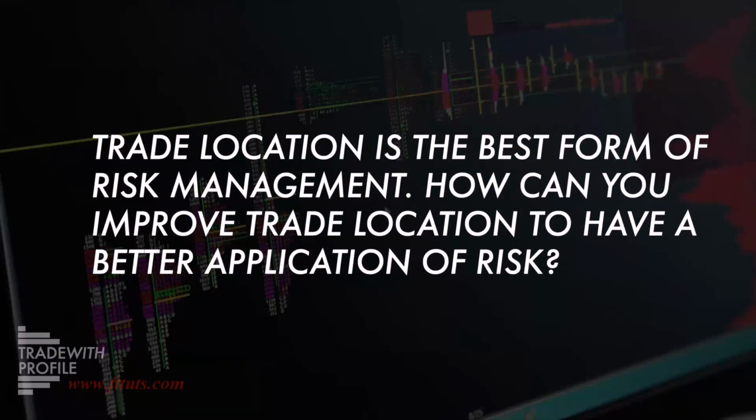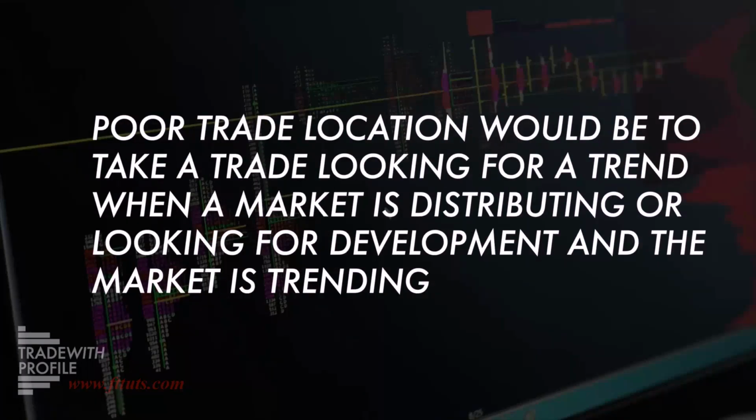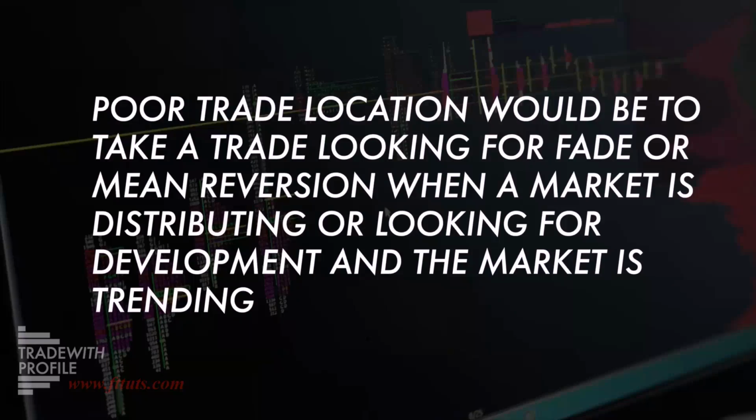This is important because trade location is the best form of risk management. How can you improve trade location to have a better application of risk? Well, poor trade location would be to take a trade looking for a trend when a market is developing, or looking for the fade or mean reversion when a market is distributing and trending.